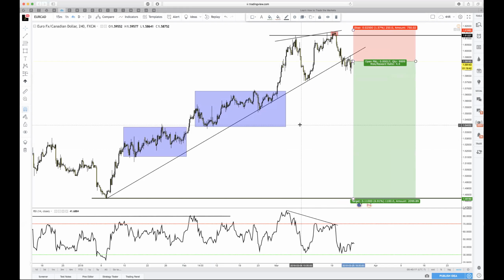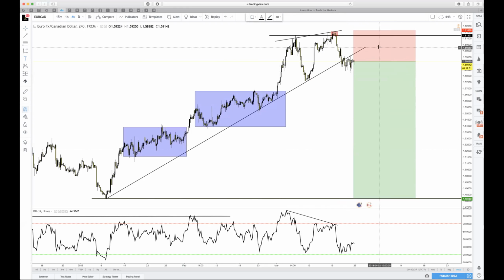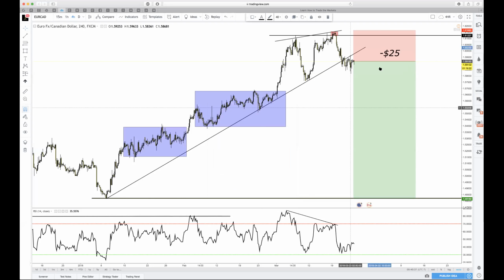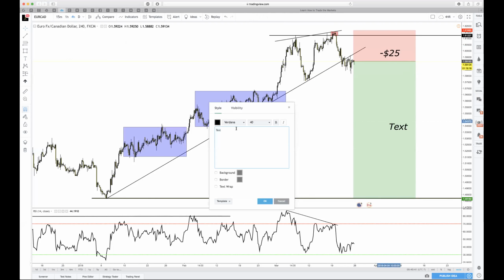It's definitely quite a bit. 0.10 times 1100 pips is 110. So you're risking $25 to make 110.